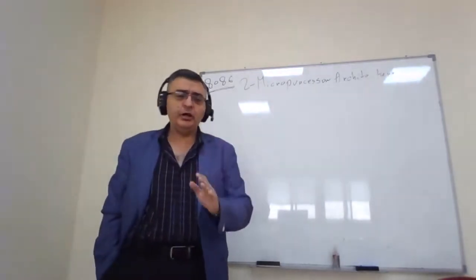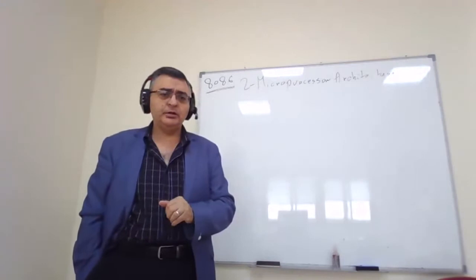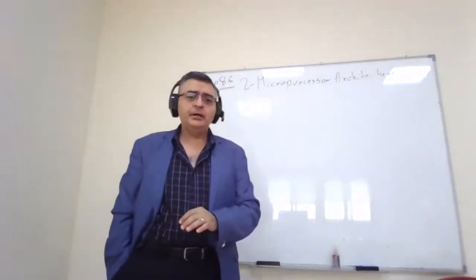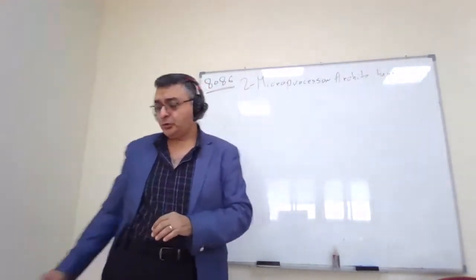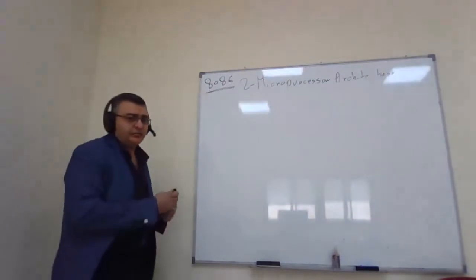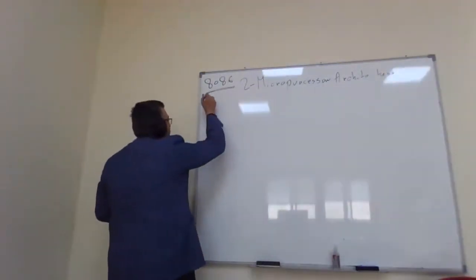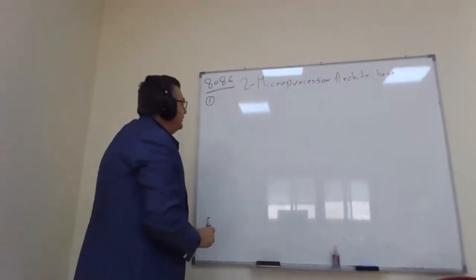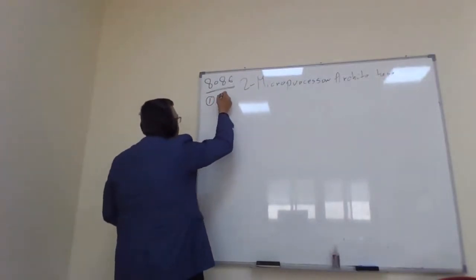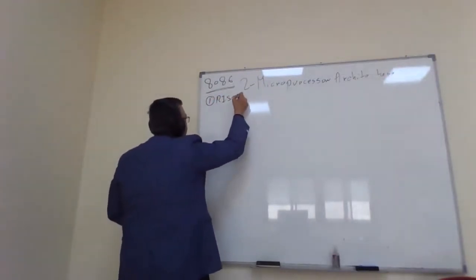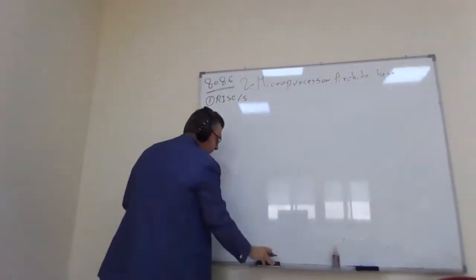So today we are in lecture number 10 for the microprocessor class. Today we will be covering the following items. The first thing to cover is the RISC and CISC.